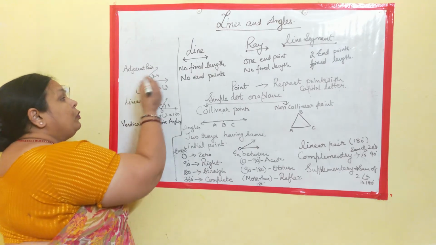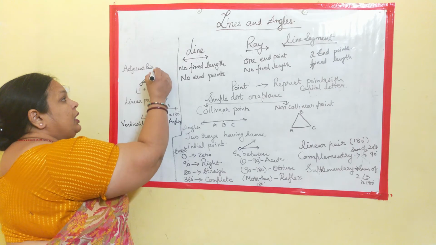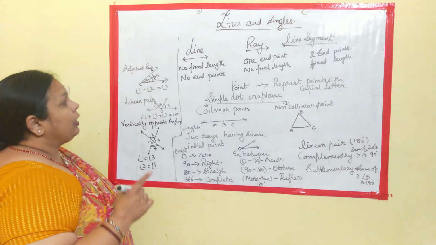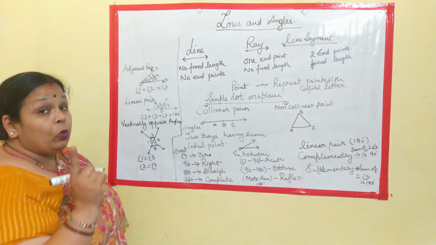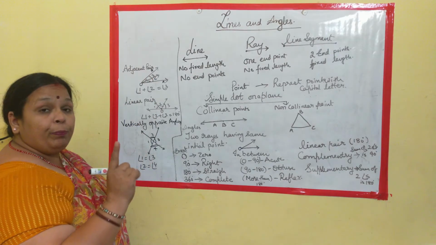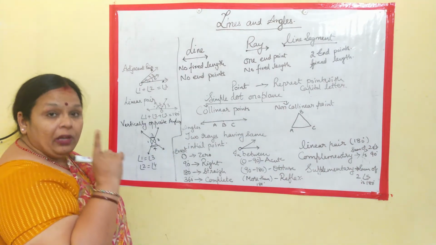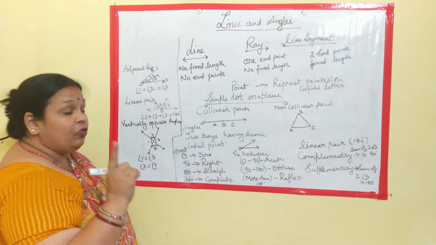Clear? So if you give names, like here it is O, A, C and B. So for angle OAC and BOC, we know that OC is common. Clear? So adjacent pair will have one common ray, whereas angle will have one common initial point.